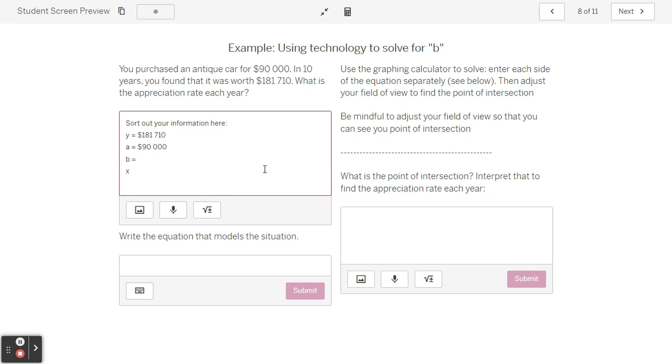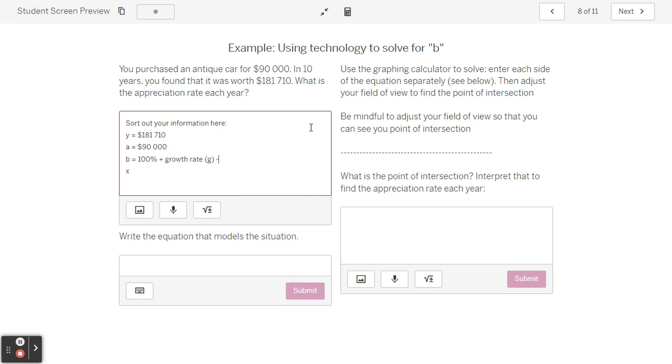B is our growth factor. Now, growth factor is always created by 100% plus the growth rate. The growth rate in this case is the same as the appreciation rate. So let me say this is the letter G for growth.